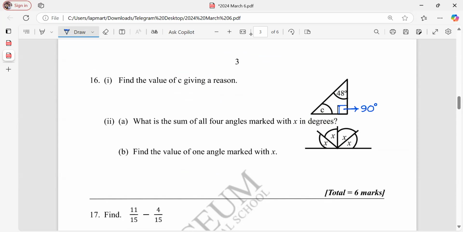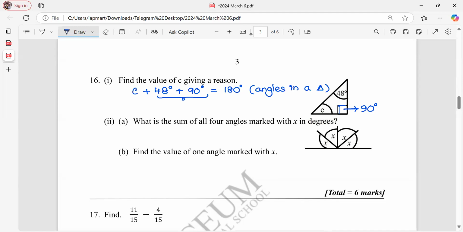And we want to find the value of C. You can write C plus 48 degrees plus 90 degrees equals 180. What is the reason? You write angles in a triangle. So the 48 and 90 we can add, right? When you add 48 and 90, what will be the answer?